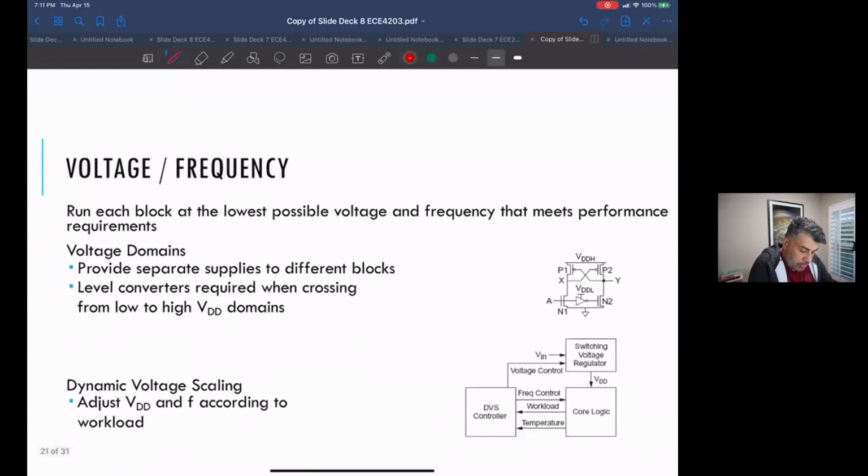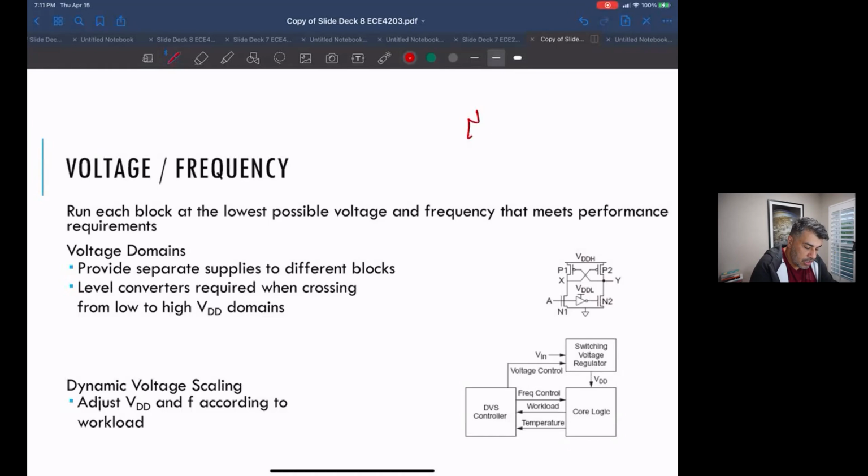The other thing that people do in advanced circuits is they have different voltage supply domains. We talked about how fast circuits run.